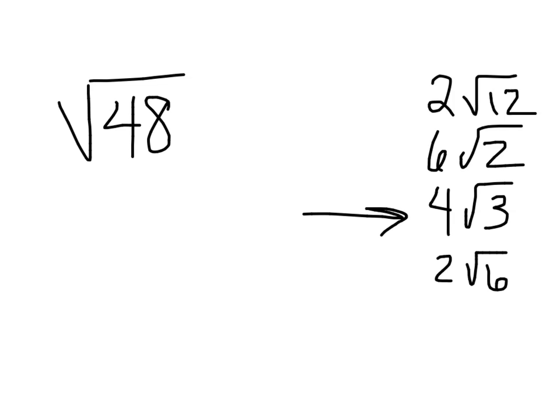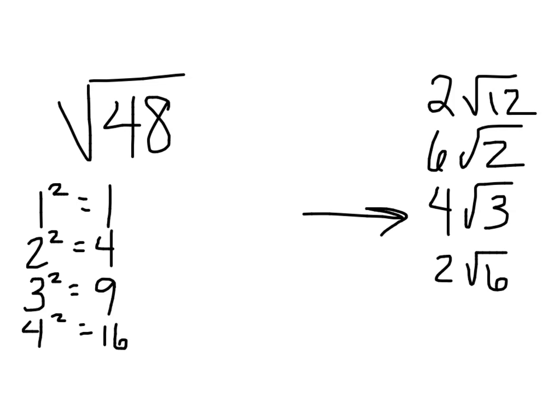Now when you were growing up and doing this, here's how your teachers went through it. You had 1 squared is 1, 2 squared is 4, 3 squared is 9, 4 squared is 16, 5 squared is 25, 6 squared is 36, 7 squared is 49, that's too high.